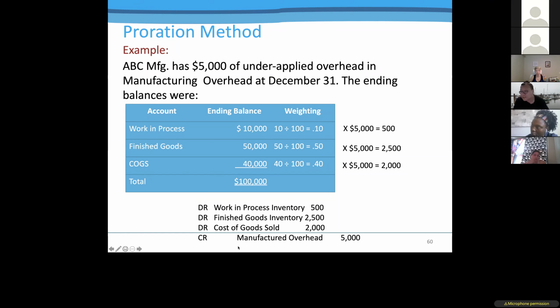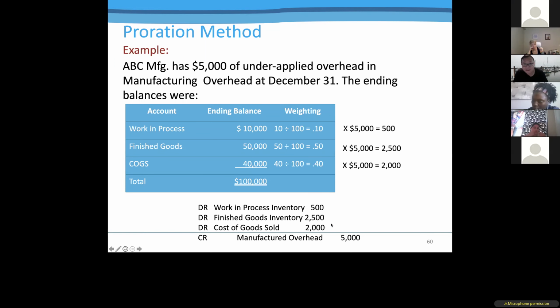You just have to figure out what should I do with the manufacturing overhead account? If I need a credit, then I would debit the others. If I need a debit, then I would credit the others, right? So I need a credit, the 5,000 manufacturing overhead, and then I will debit the 3 accounts based on their proportion, right? So 500, 2,500, 2,000.